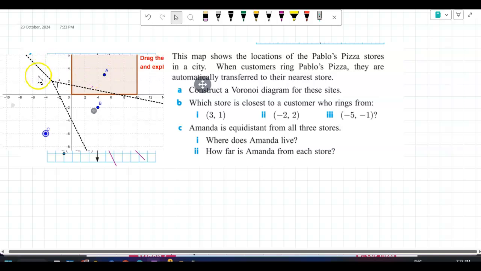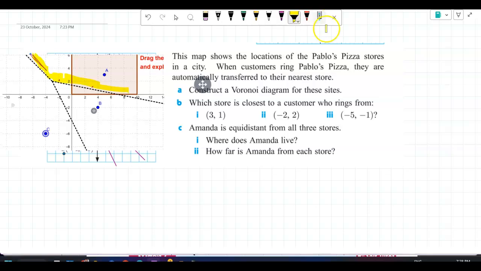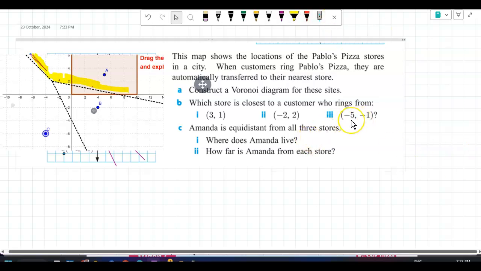It's going in that region. The x is still minus 2, but A has this whole region. Still, it's just on the edge. Minus 5, minus 1 is clearly C.